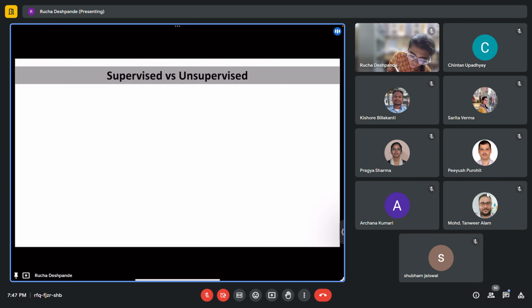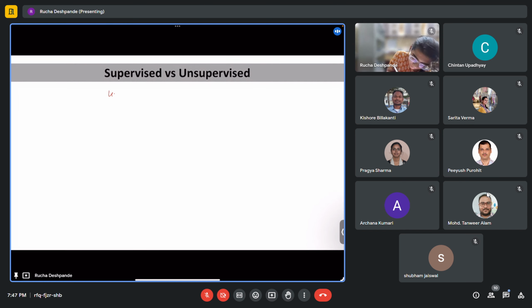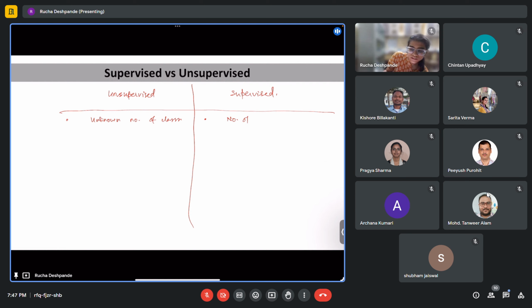If we were to talk about differences between unsupervised and supervised learning, here we have an unknown number of classes. Here the number of classes would be provided by the user itself.